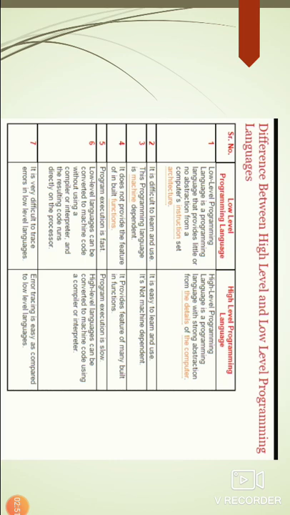High level programming language is a programming language with strong abstraction from the details of the computer. The second difference is, low level programming language is difficult to learn and use, whereas high level programming language is easy to learn and use.